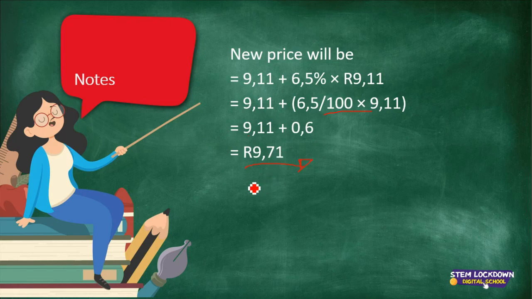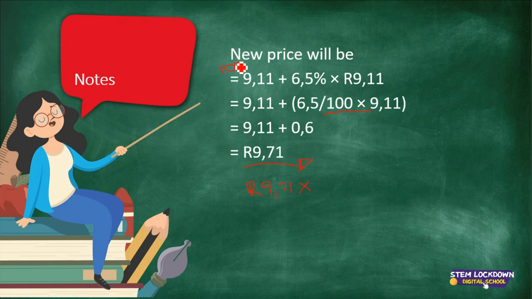This can also be written as 9 rand 71 times... Okay, obviously, this figure is more than that figure, right? This one represents 100%.